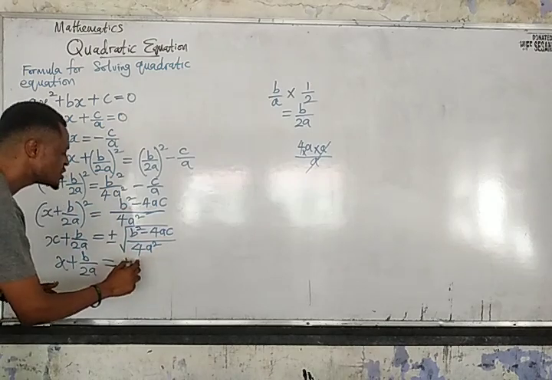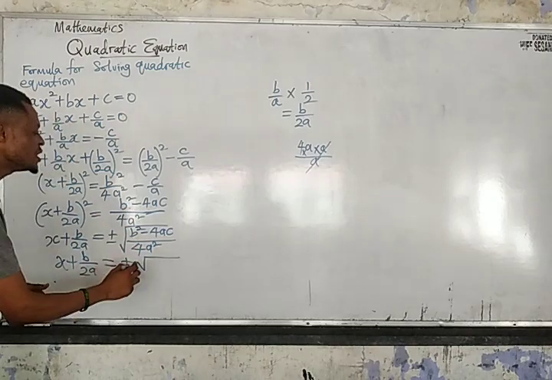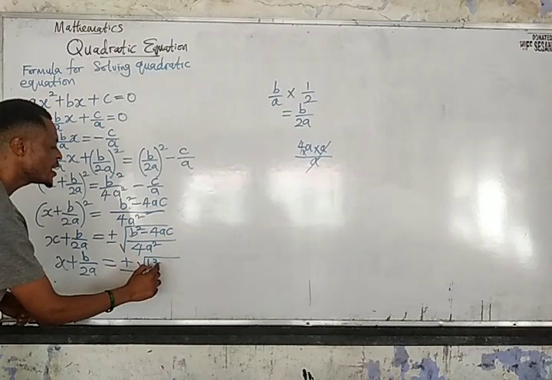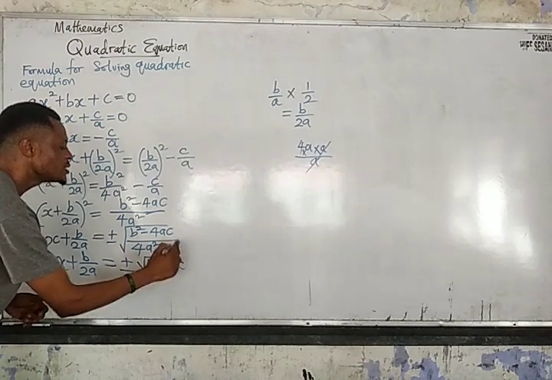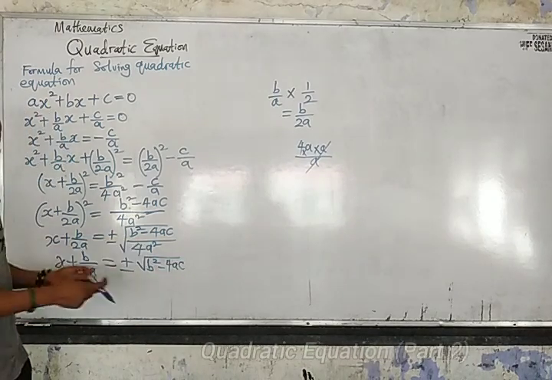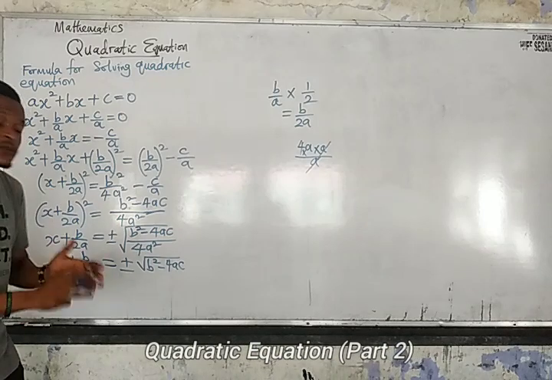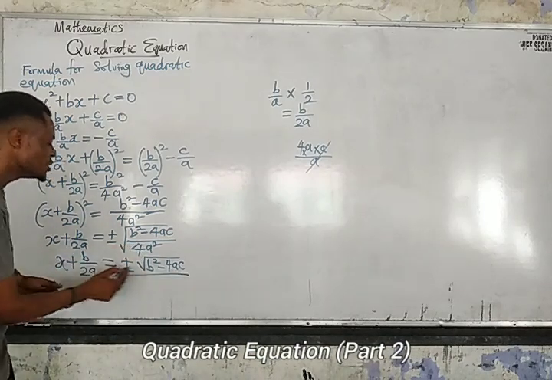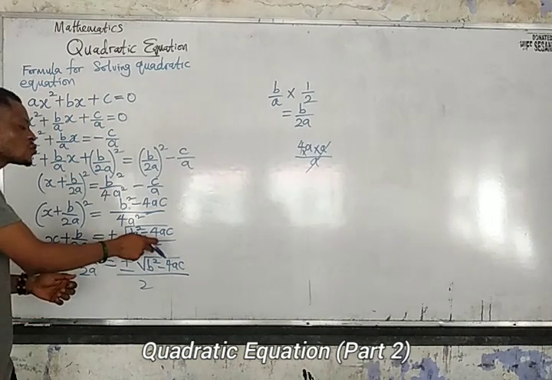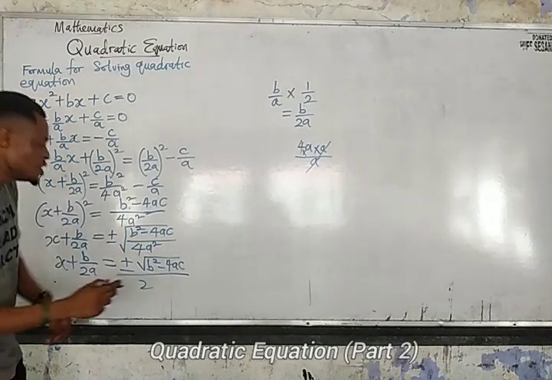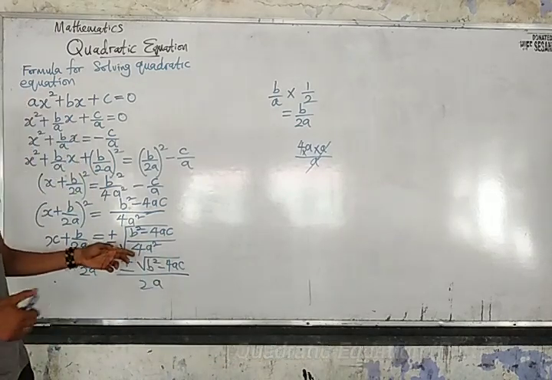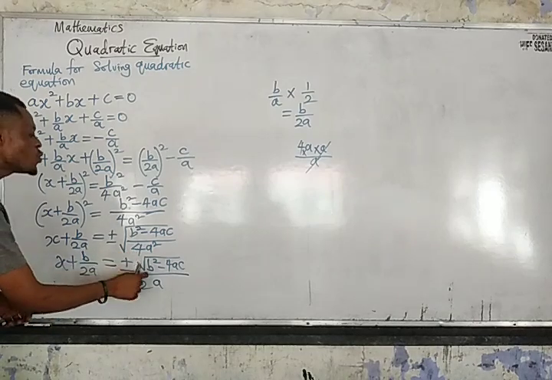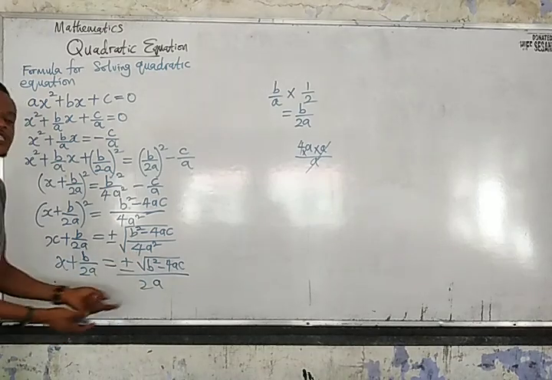We still keep the square root intact for the numerator, which is b squared minus 4ac. As for the denominator, the square root of 4 is going to be 2, and the square root of a squared is going to be a. So because we have found the square root of the denominator, the square root does not cover the denominator.